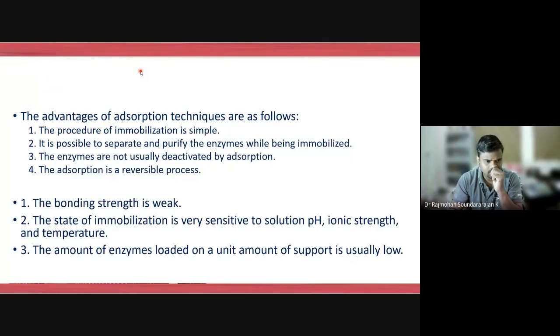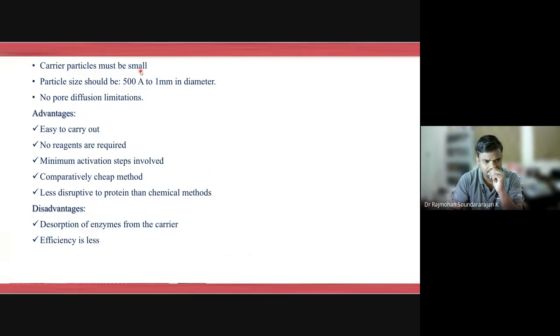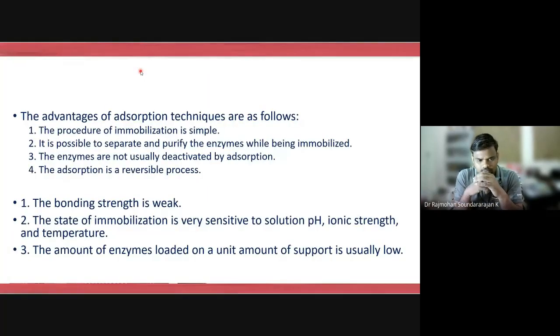So what about the strength? If you look at the strength, the bonding strength is weak. I'm repeating here. The state of immobilization is very sensitive to pH, ionic strength and temperature, since this adsorption is based on weak forces, not like a covalent bond, so it will be reversible.